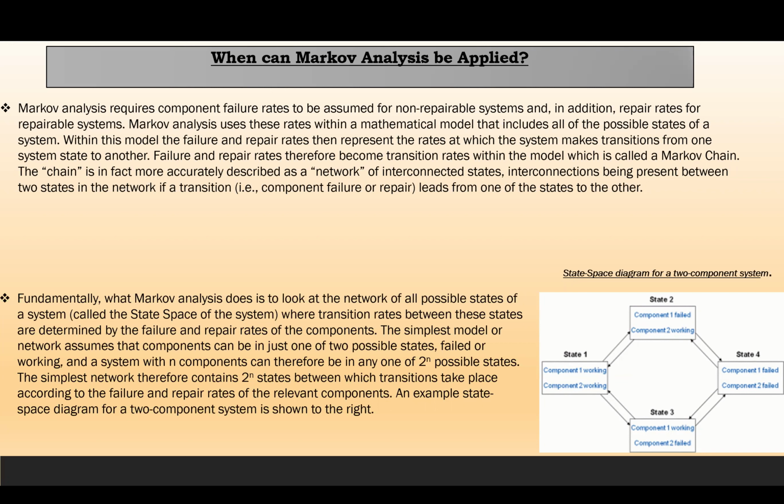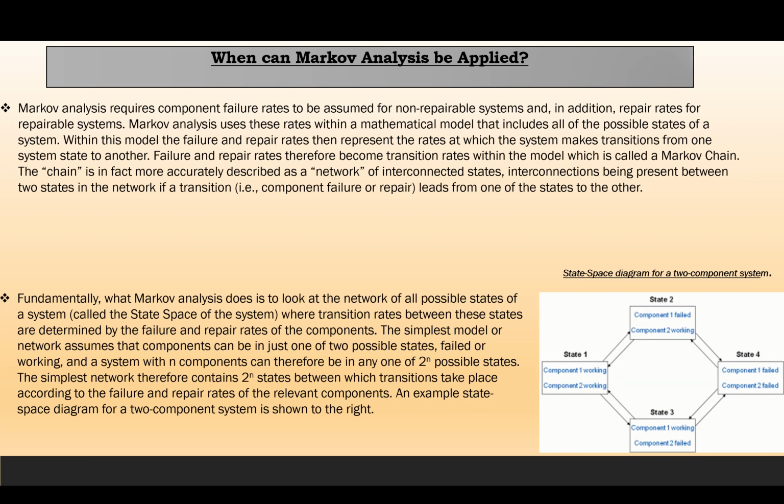As a consequence of this constant transition rate feature, the future of a Markov system depends purely on its current state and not the historical transitions by which it has reached its current state. It is this feature that gives the memoryless characteristic of Markov systems.